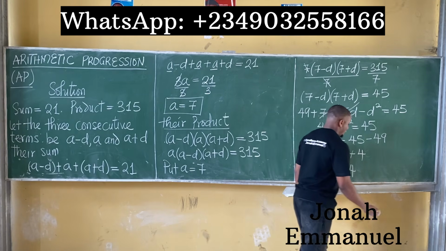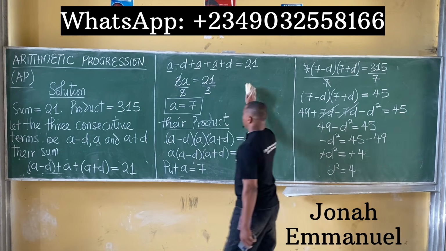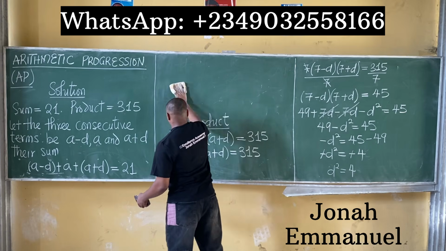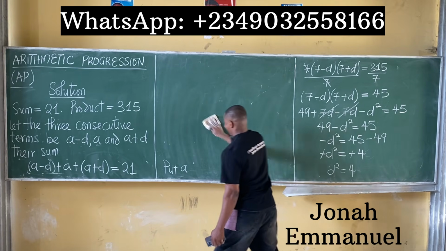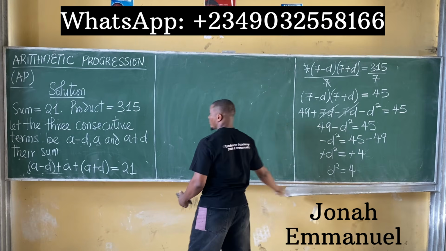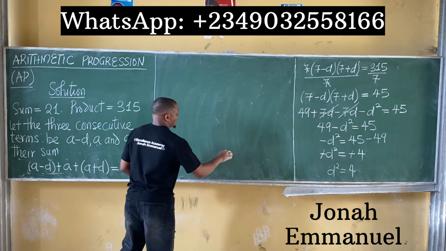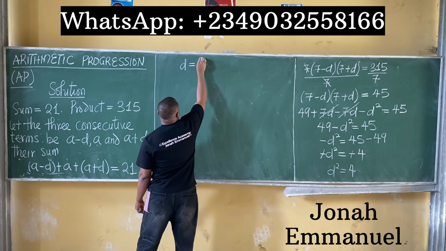Let's get the value of d. Now from here, to get the value of d, we'll take the square root of 4.